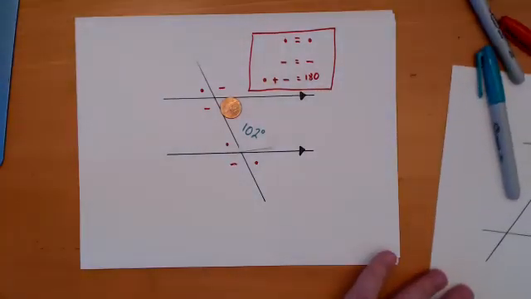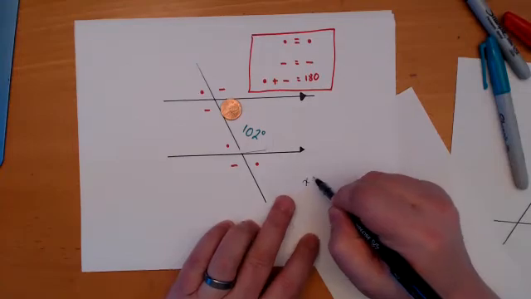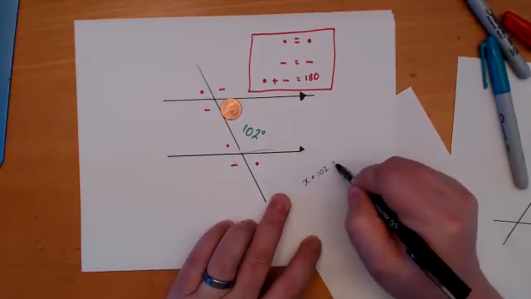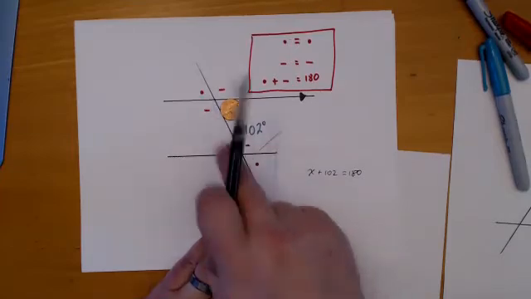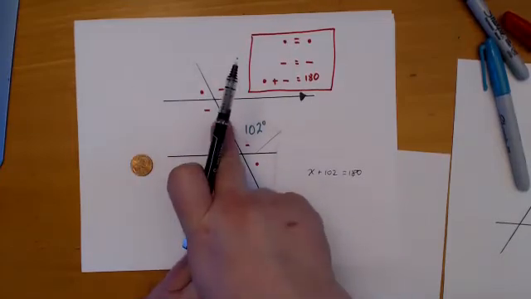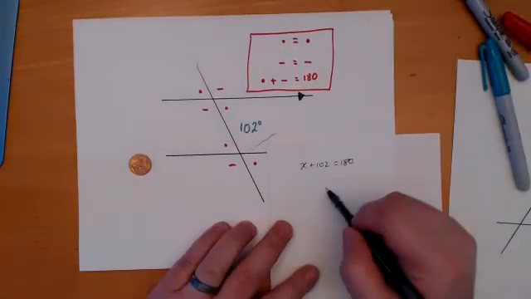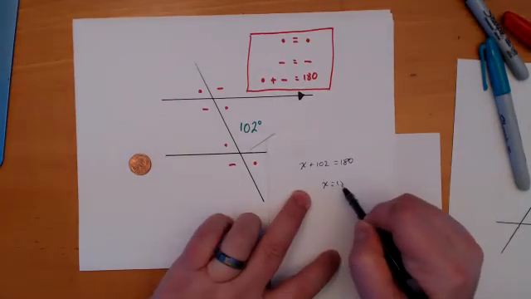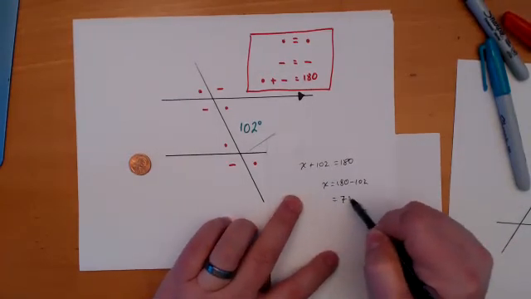And if you wanted to write that down and do it as an equation, you could. My dot was what I didn't know, plus the 102 gives me 180. And so we subtract and get 78.